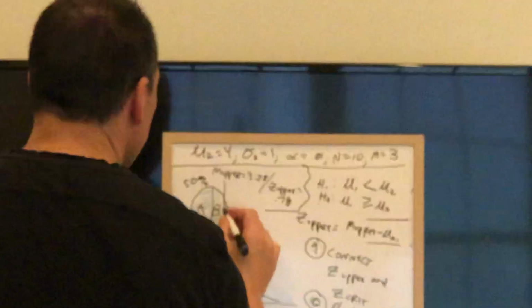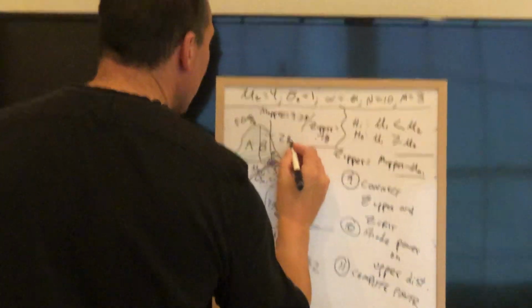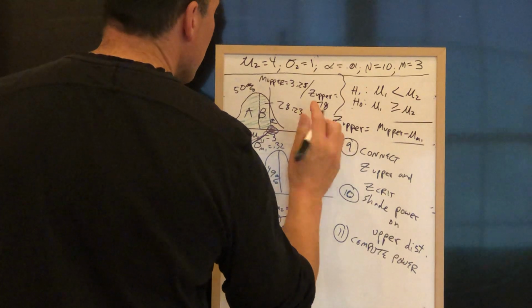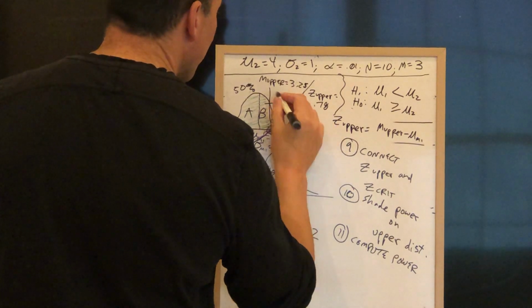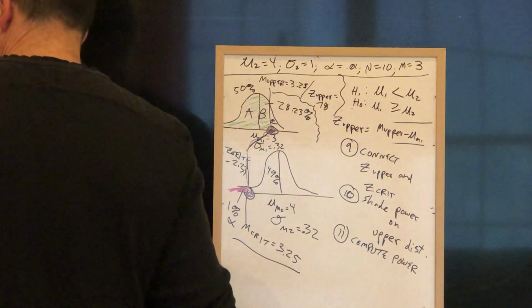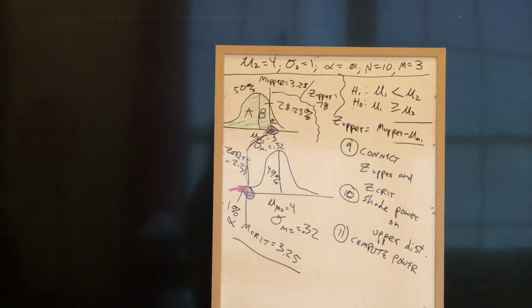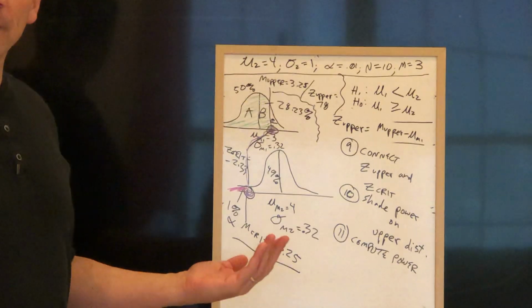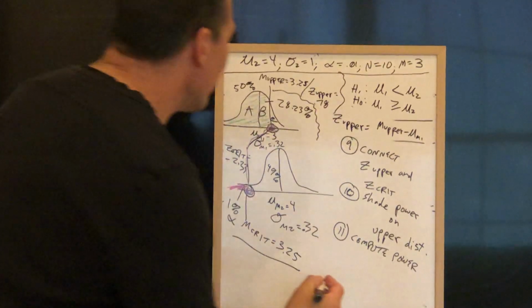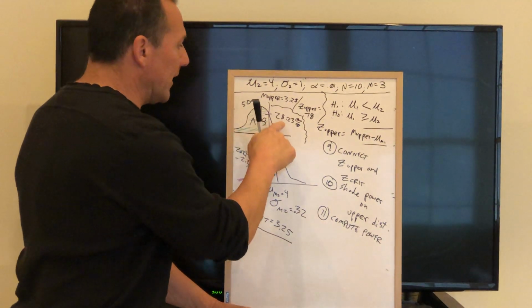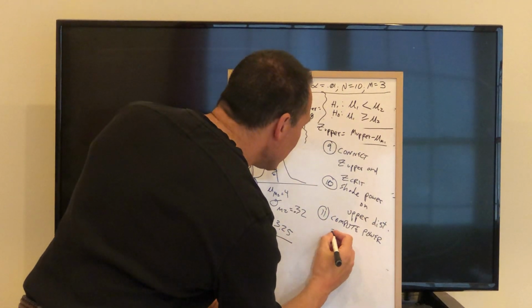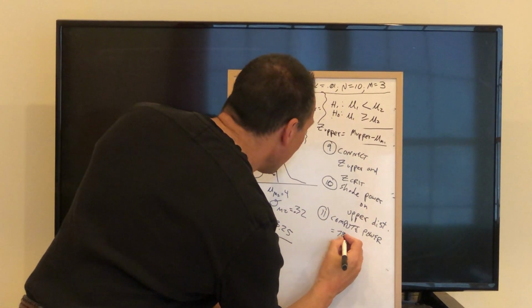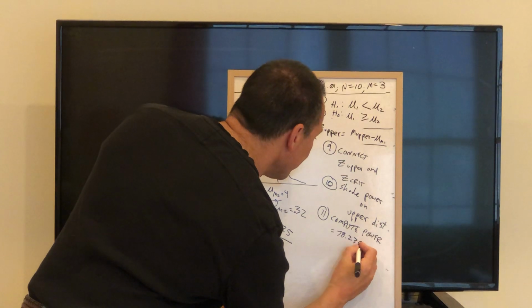So section B is 28.23%. In combination, section A and section B is power. That's our shaded area. Power is 50 plus 28.23, which equals 78.23%.